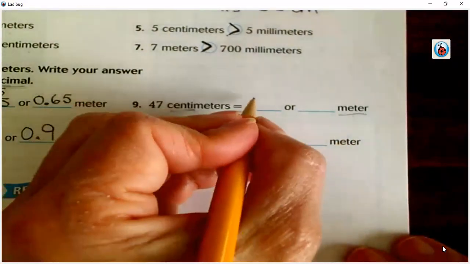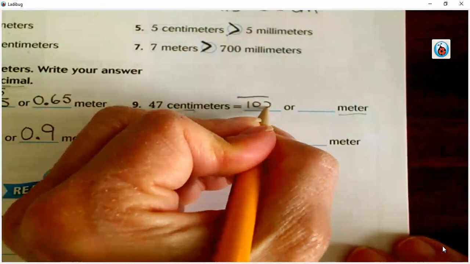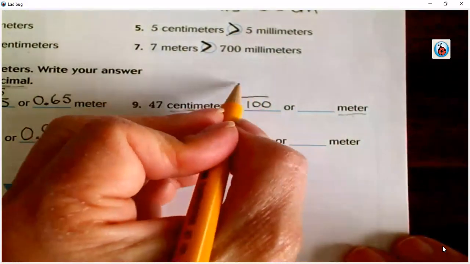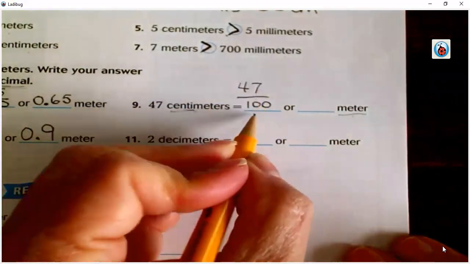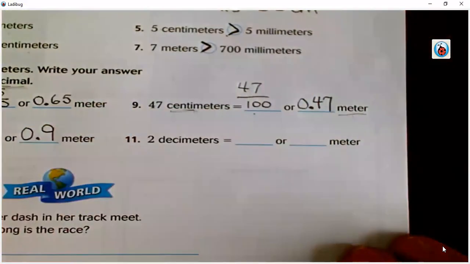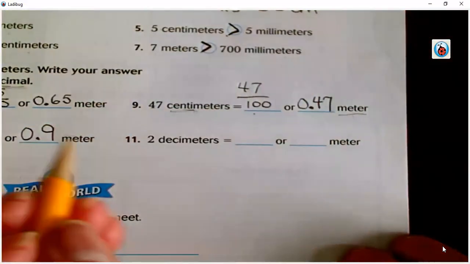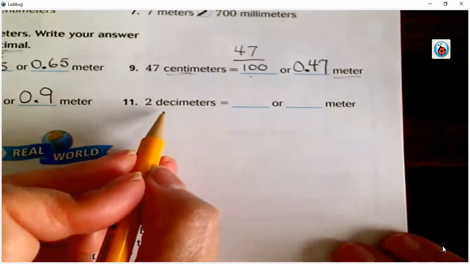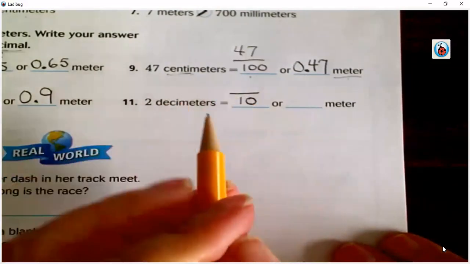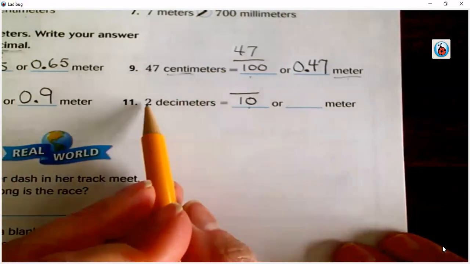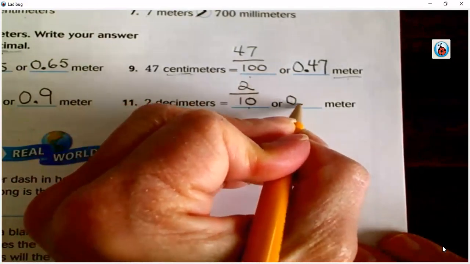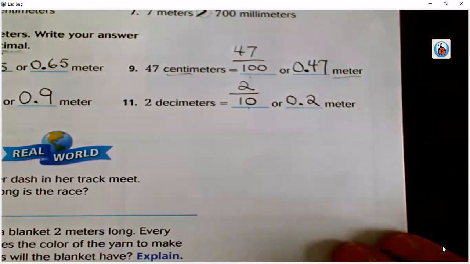Well, there are 100 centimeters in a meter. That's my denominator. So 47 hundredths, and written as a decimal, 47 hundredths. 2 decimeters. There are 10 decimeters in a meter. So 10 is my denominator. 2/10, or as a decimal, 2/10.